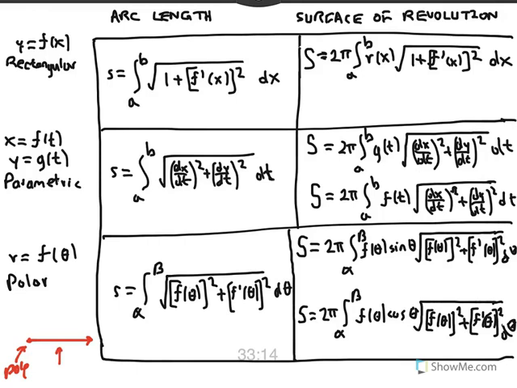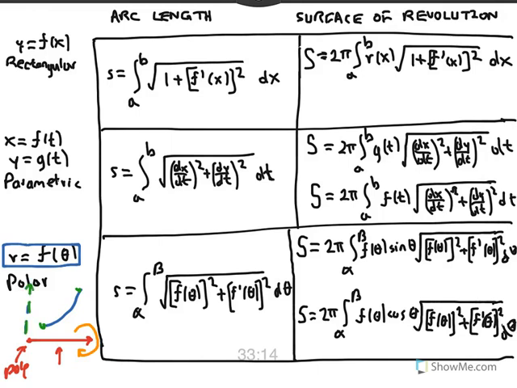And if we have a curve defined by r equals f of theta, from theta equals alpha, giving us our starting point, to theta equals beta, giving us our ending point, and we revolve this arc about either the polar axis or perhaps the radial line theta equals pi over 2, we can form a surface of revolution.